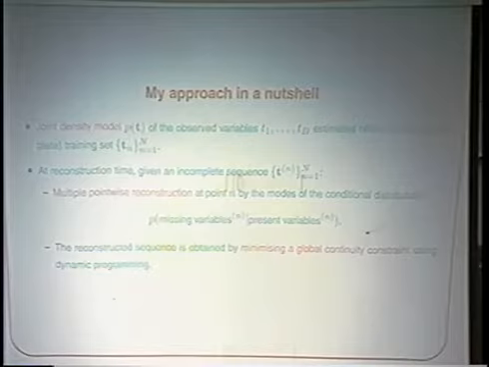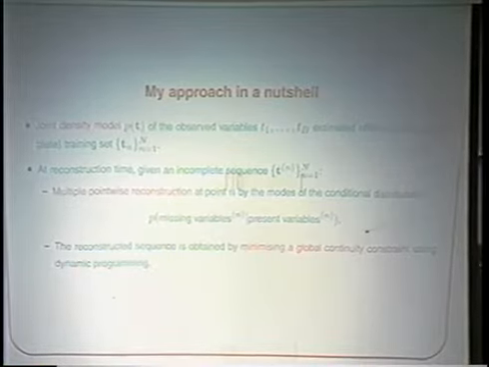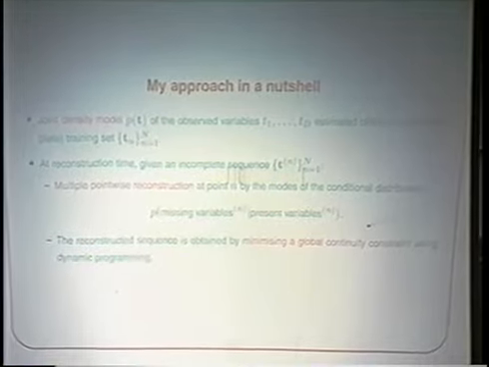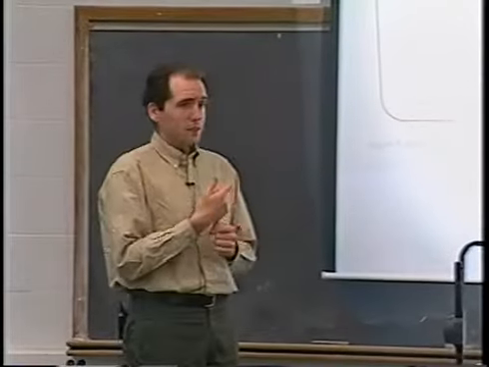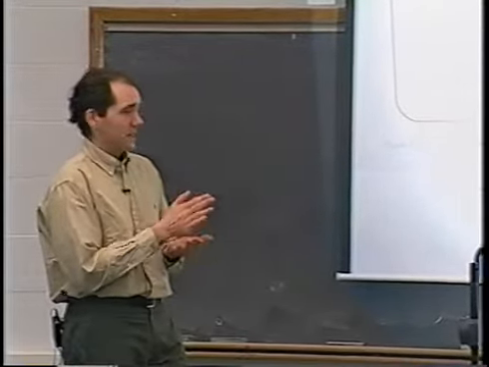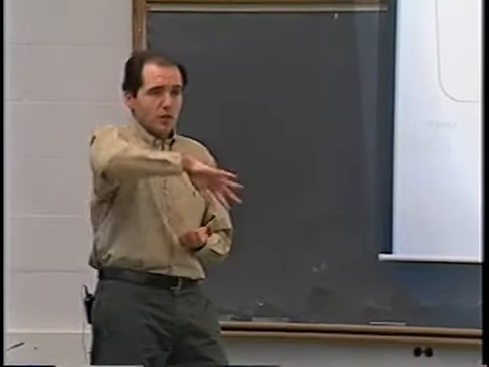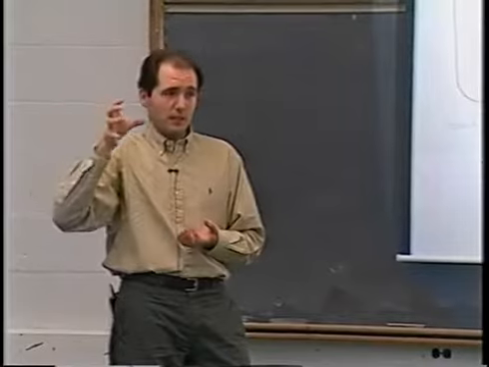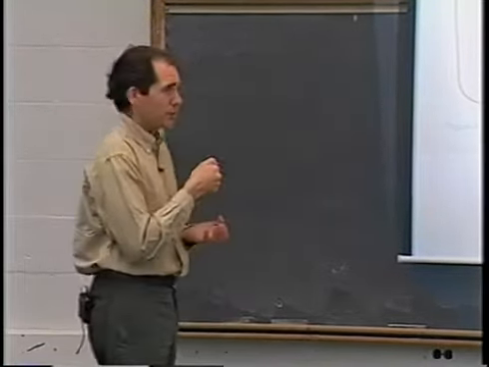And then at reconstruction time, what I do is the following. How do I know what values the articulatory variables can take, given that the acoustic variables are these? What I do is I compute the conditional distribution of the missing variables, the articulatory variables, given the present ones, the acoustic variables. That conditional distribution is going to have several peaks, hopefully one peak at each articulatory position that is correct, that maps correctly to those acoustics.